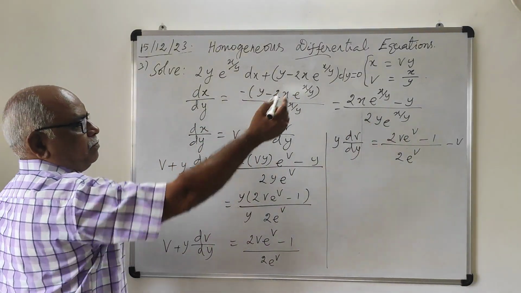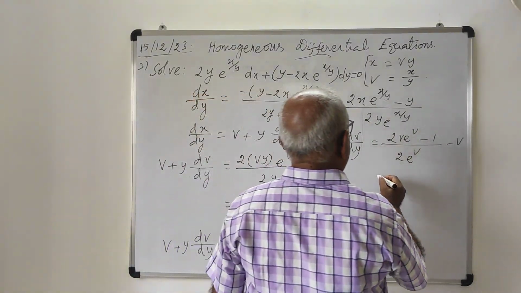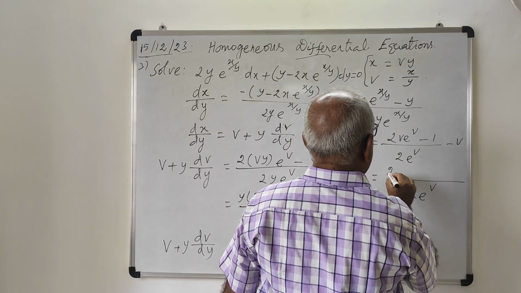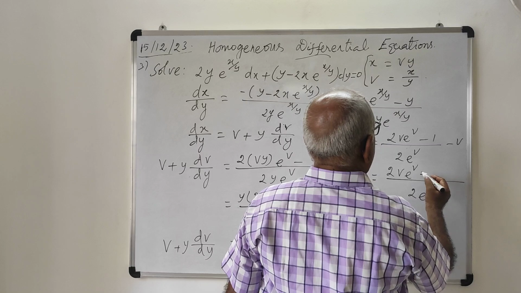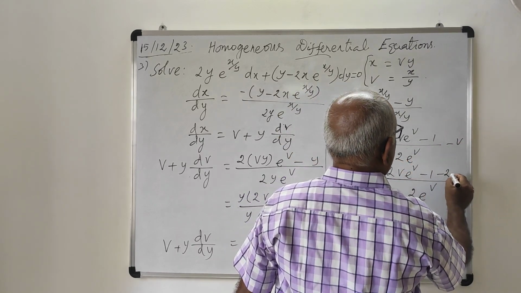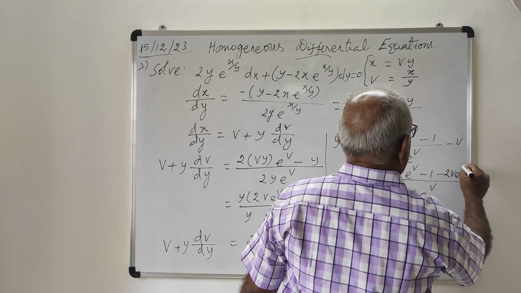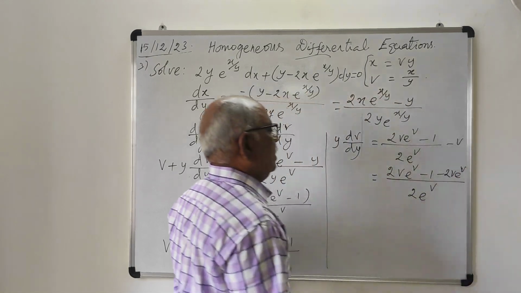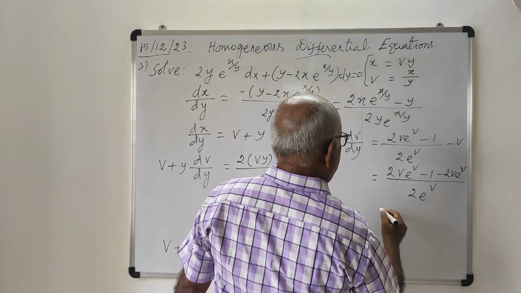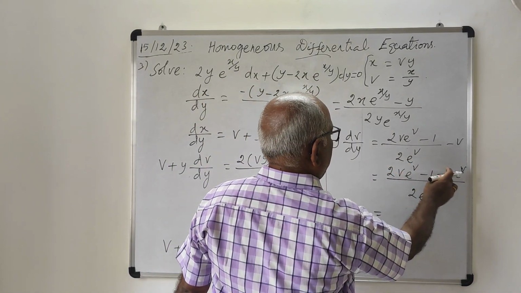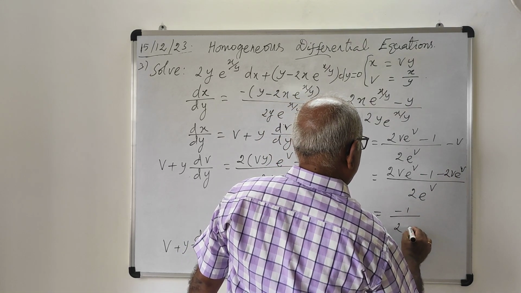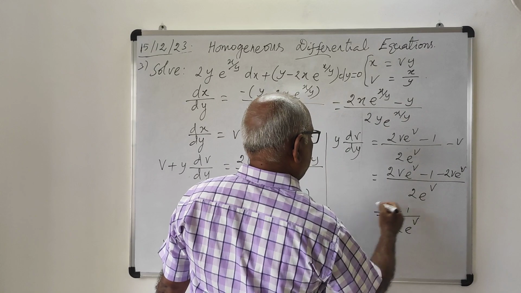This v becomes minus v. And again you can take that 2 e power v as a common LCM. I will get 2v e power v minus 1 minus 2 e power v into v is 2v e power v. So plus 2v e power v and minus 2v e power v cancel, and you get minus 1 by 2 e power v only on the right hand side.